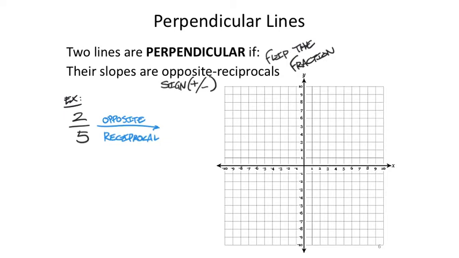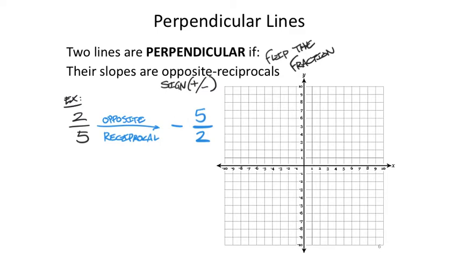So I'll start with the opposite. Since this fraction that I've started with is positive, I would need a negative fraction here, and then all I gotta do is flip the fraction. So where I have 5 in the denominator originally, it will now be in the numerator. Where 2 was in the numerator, it is now in the denominator. This is my perpendicular slope right there, okay?